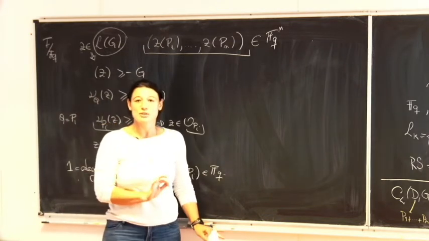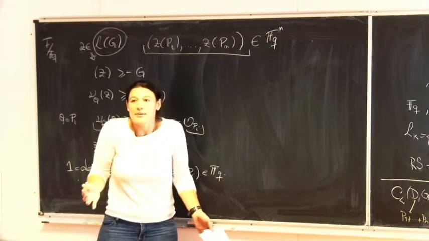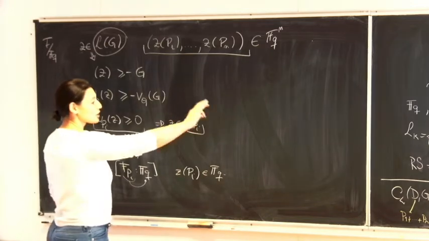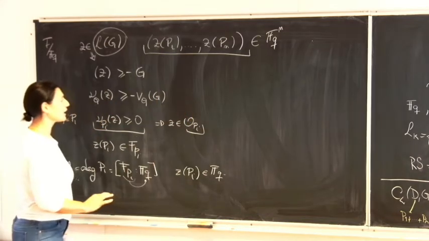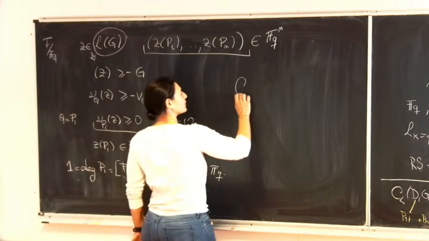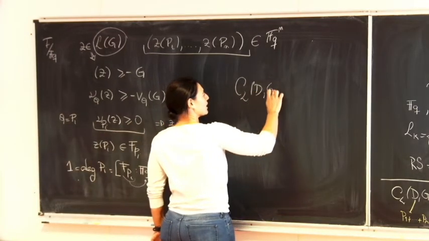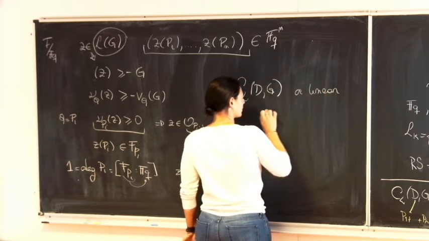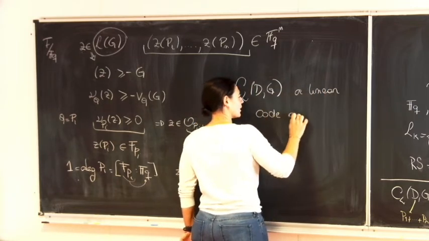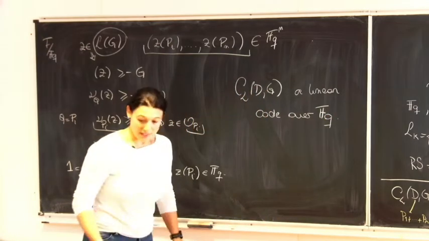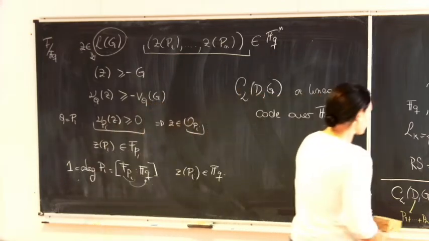I just have to say something about the parameters that I don't know. But this definition now, I can see that it is well defined. It is a code. So C_L of D, G is actually a linear code over Fq. And so let's see what happened with the parameters.